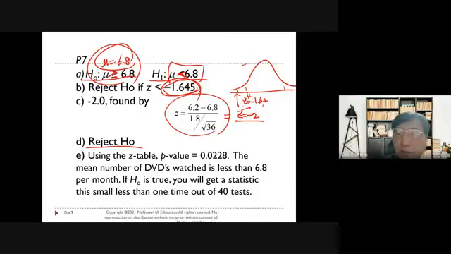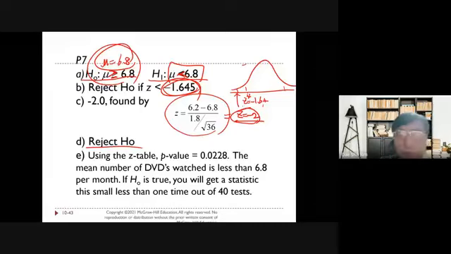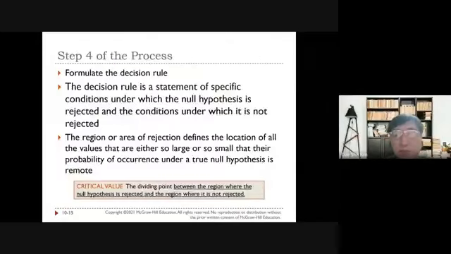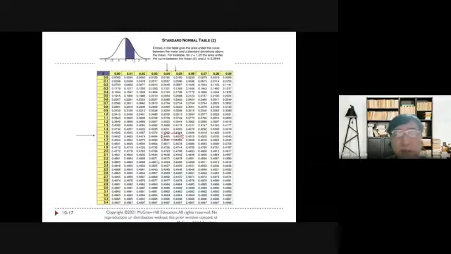Or when we calculate minus 2, we need to look at the p-value. The p-value is calculated by the Excel program, but when z is minus, how to calculate the p-value? I will look at the table, z equals 2, the normal distribution table. Where is it? Okay. Z value 2, 2.0.